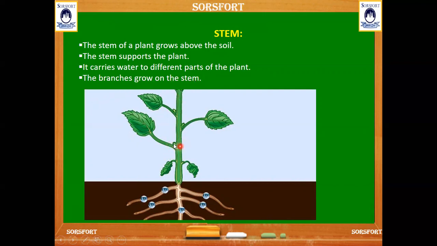We can see branches, leaves and fruits growing from the stem. Some plants have a hard stem, like trees. We have seen in the previous lesson that trees have a very hard, large and broad stem. And some plants like herbs and creepers have soft stems.